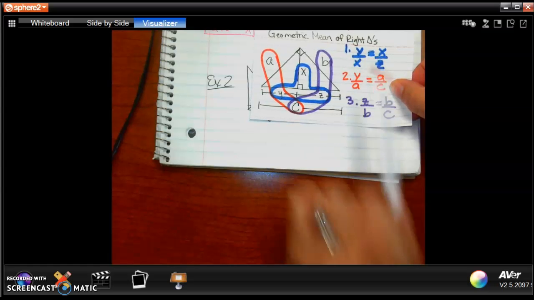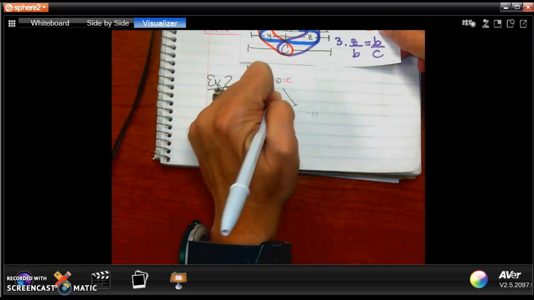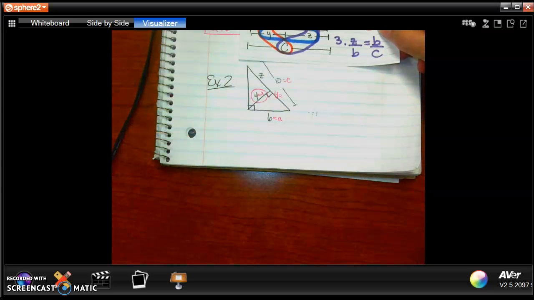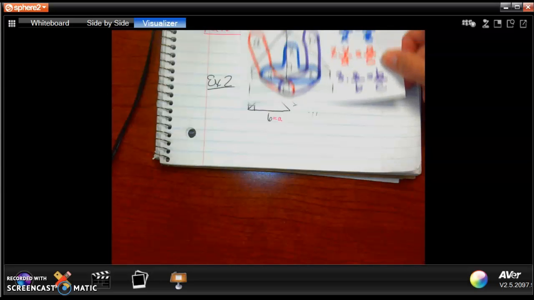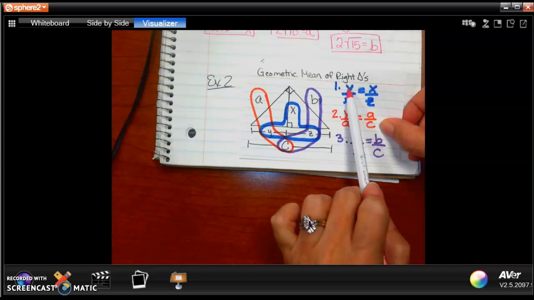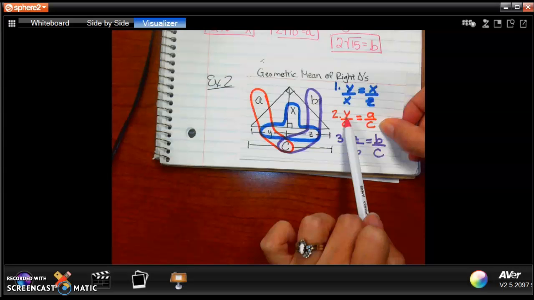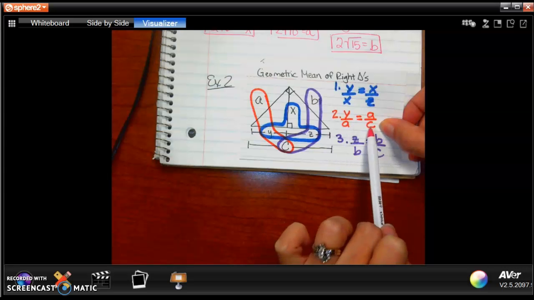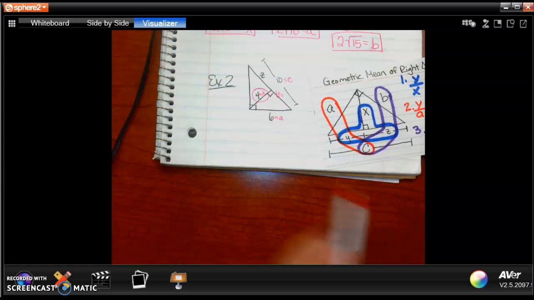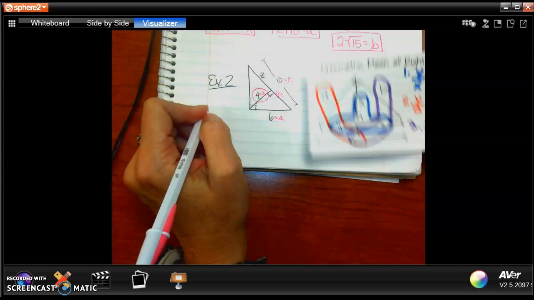So I need Y and X. Okay, well I do have X, but I don't have Y. That means I need to see if I can find Y. So let me look at Y. Okay, well I know I can't use it here because I don't have Z. Let's see, here's Y again. Do I have A and C? Yes, I have A and C. So in order to find Y, so I can find Z, I'm going to set up my red problem.